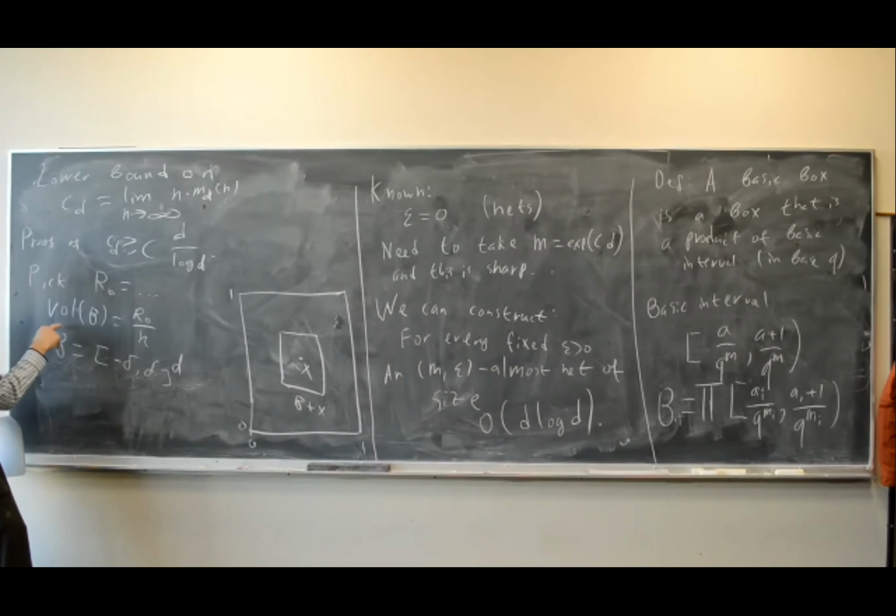In a box of this size, I expect to see about R0 points on average. In a box of this size, on average, I'm expecting to see 1/2 point. So it means half the time there won't be anything there. So this is a small box inside this box. All right. And again, also centered at the origin.